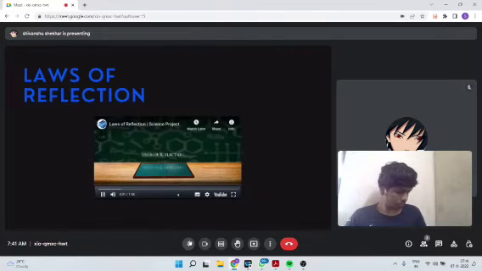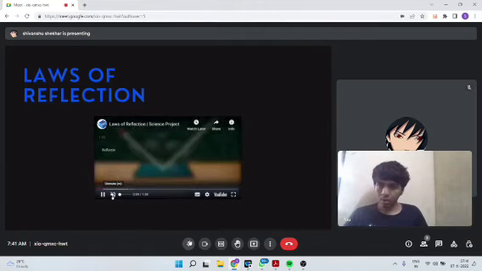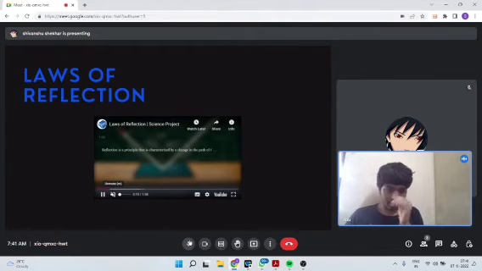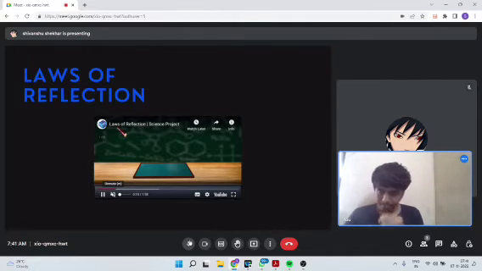Let us learn about laws of reflection. Here we're going to see a demo of how the light gets reflected from a reflecting surface, and the definition is shown on the screen.